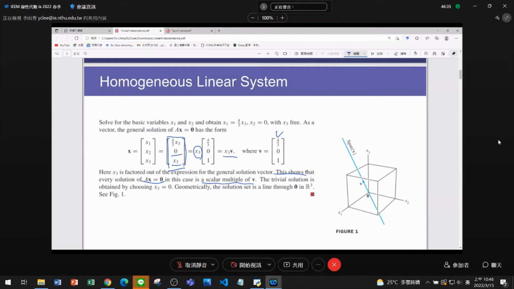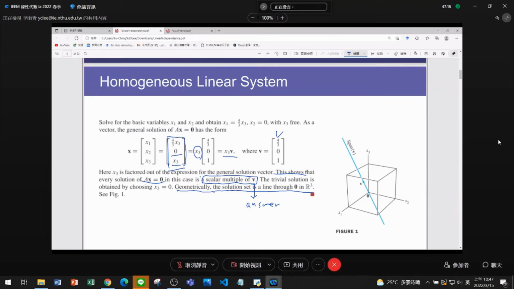那所有的 v 这个 vector 乘上任意的 scalar 都会是满足这个 simultaneous equations 的 solution。所以我们要描述 solution set 的方式，就是用这样子的一句话，就是我们必须要把它写得很清楚，就是一个 scalar multiple of v 是我们的 answer。Geometrically, the solution set is a line passing through the origin 0 in the R3 space.